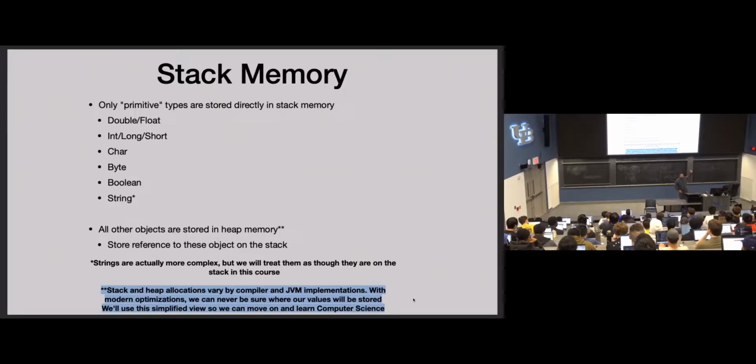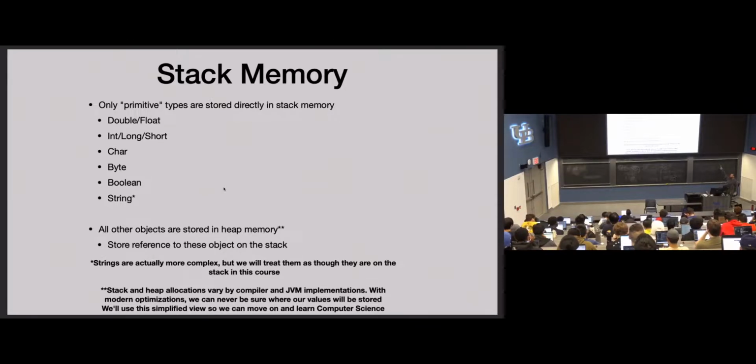We're going to, in our memory diagrams, go off of not what's highlighted, but go off of this. And that's going to determine what goes on the stack and what goes on the heap. Because that's how everything's going to behave when our programs execute. Even if the JVM and a compiler put things in different spots, they're still going to behave the same way.